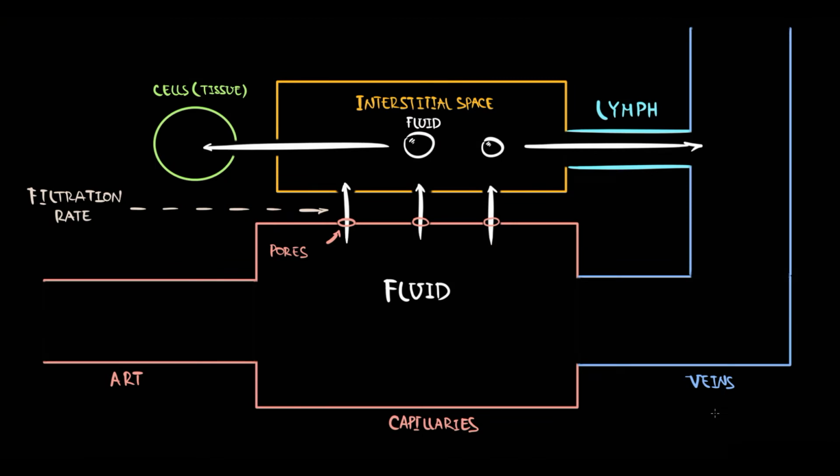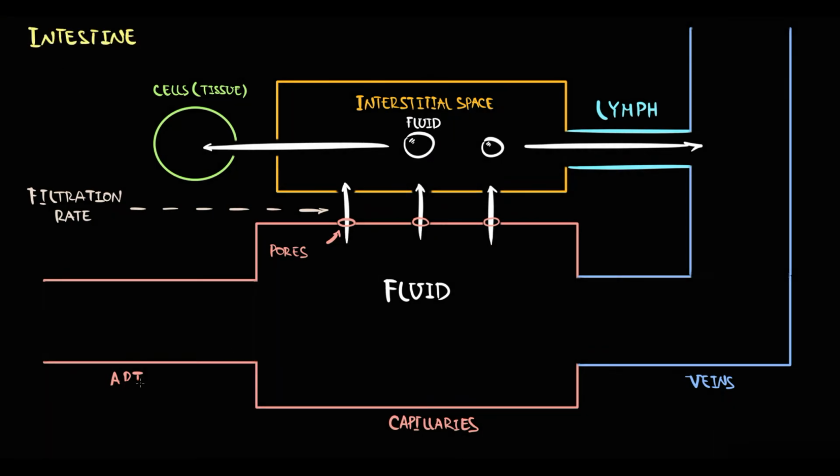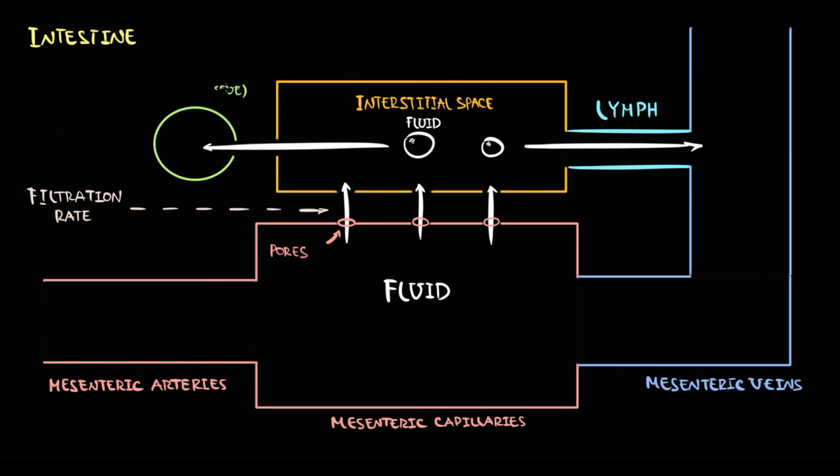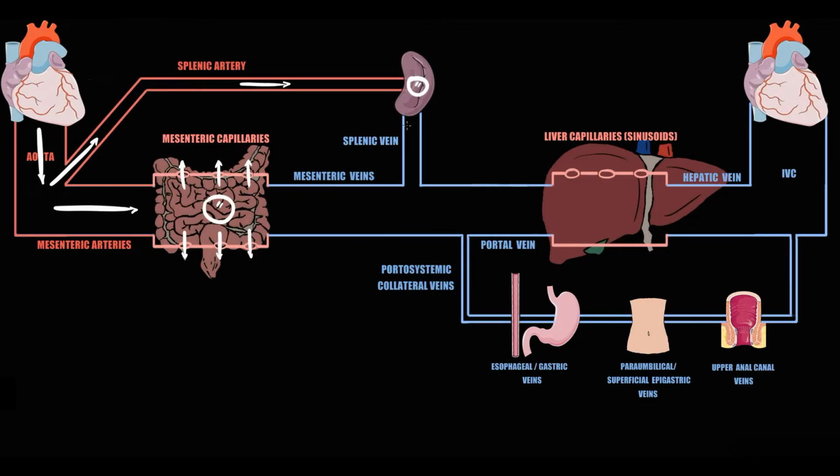So it's a general concept that can be applied to every tissue. In the case of the intestine, mesenteric arteries deliver blood to capillaries, mesenteric veins provide outflow of blood from capillaries, and cells that compose the tissue are called enterocytes. Then blood from the spleen by the splenic vein and from the intestine by mesenteric veins is delivered to the portal vein. The portal vein drains blood into the liver, where in liver capillaries that we call sinusoids, fluid exchange occurs.